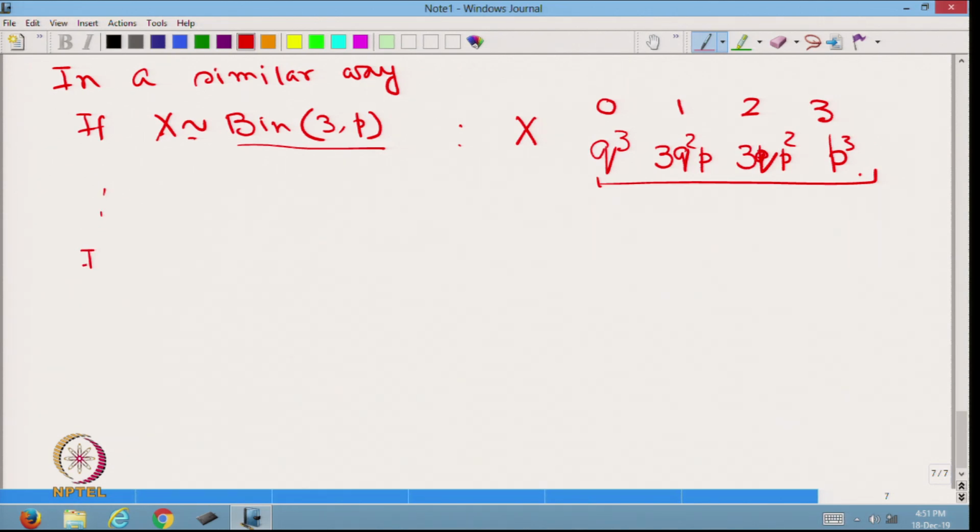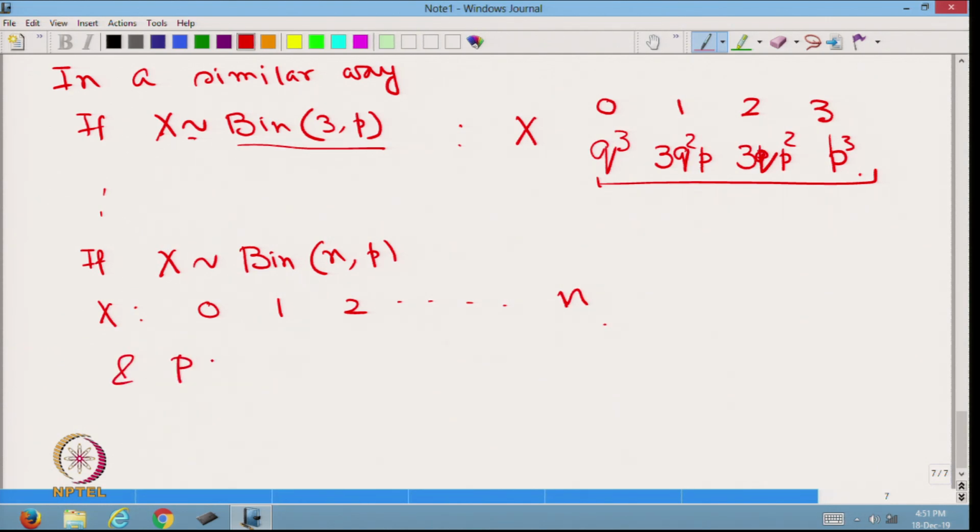In general, if x is a binomial random variable with parameter n comma p, then x takes values 0, 1, 2 up to n, and probability x is equal to k is equal to n c k p to the power k q to the power n minus k.